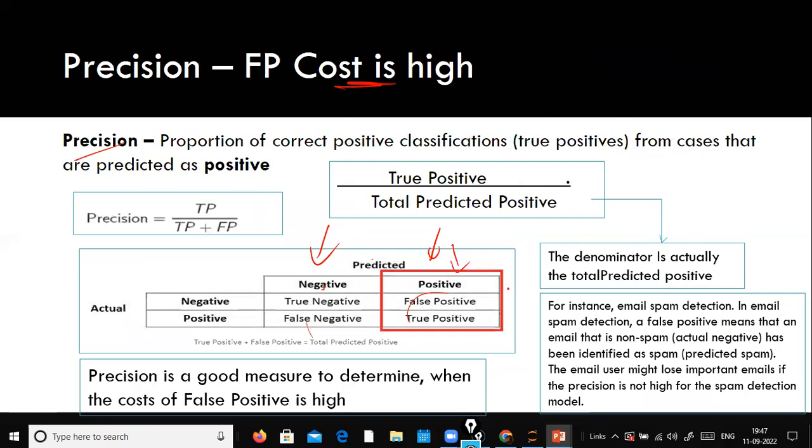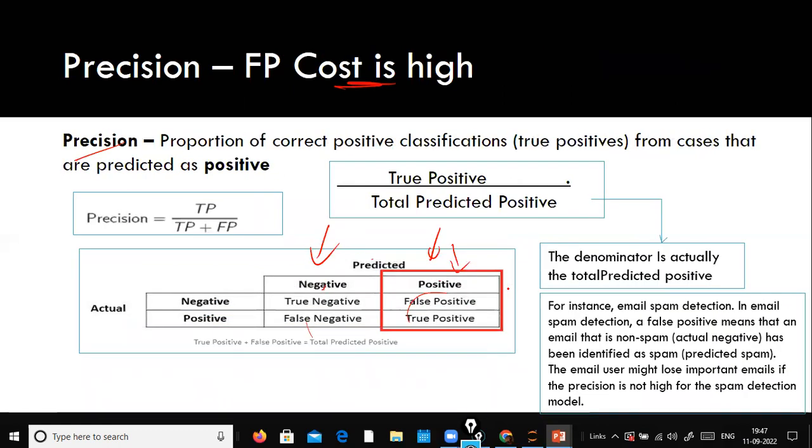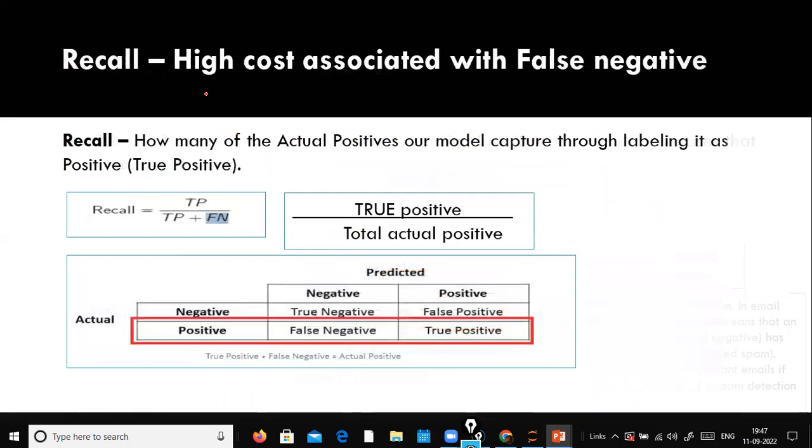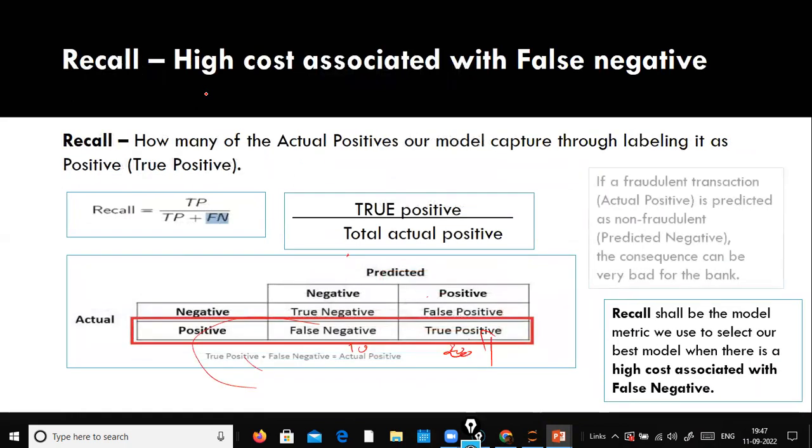When there is a high cost associated with a false positive, for instance email spam detection, then you can go for precision. If you think the false negative cost is high, then you can go for recall. So it is pretty simple. You can remember this.